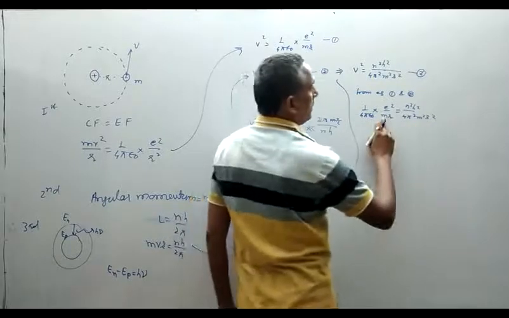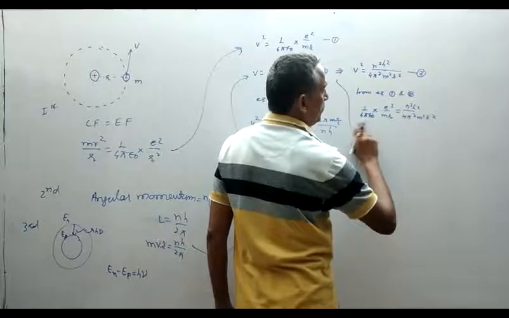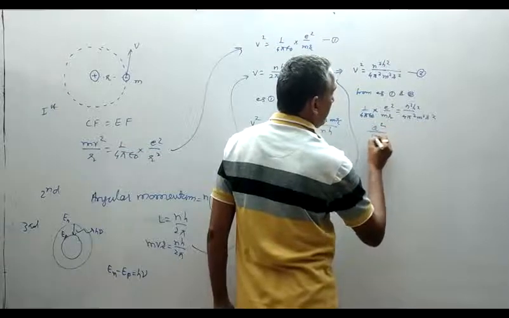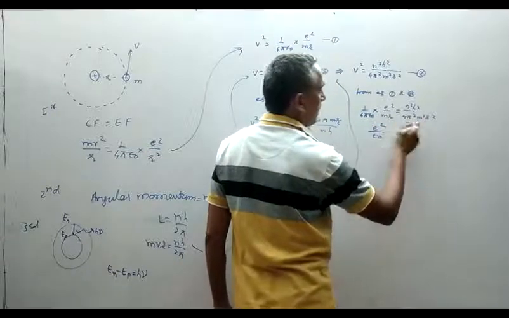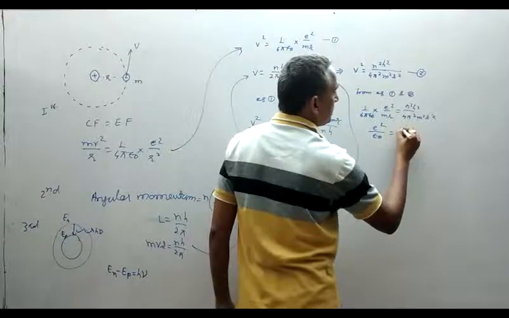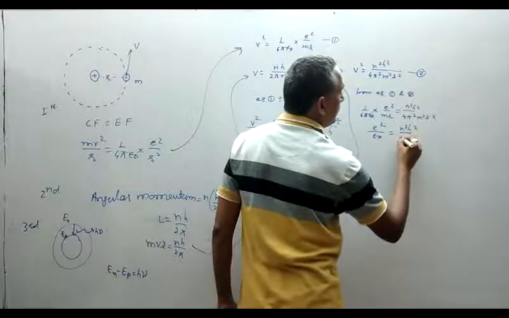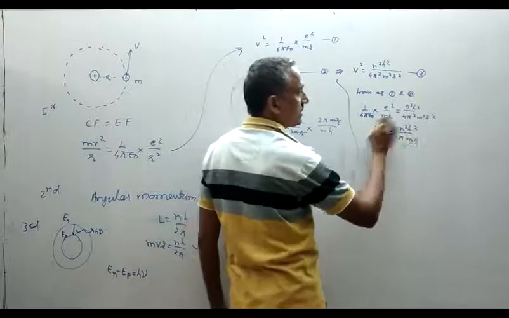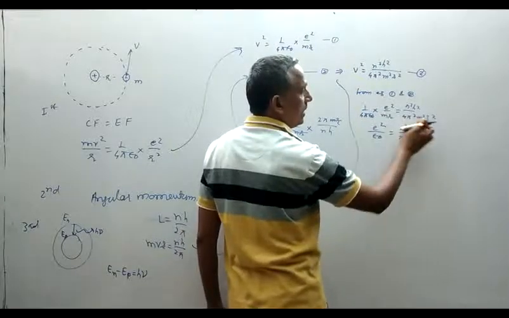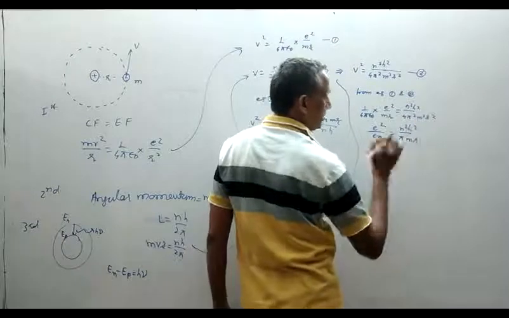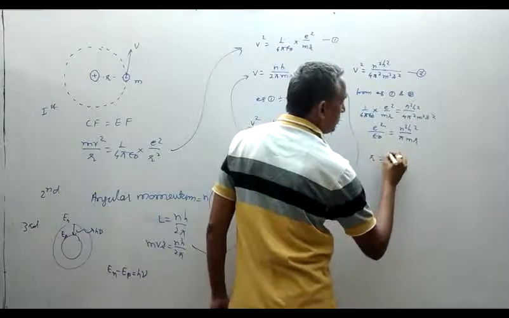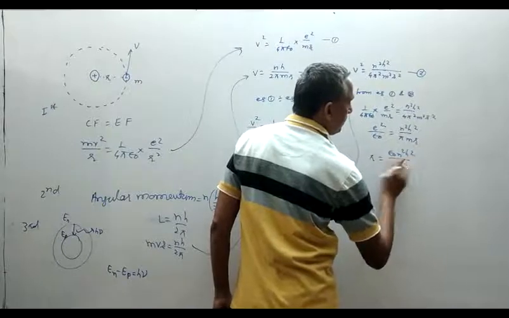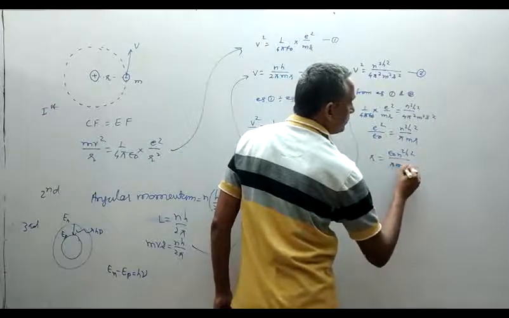Here r cancels, 4 pi cancels. The remaining terms are 1 upon epsilon 0, and n square h square upon pi m r. So r is equal to epsilon 0 n square h square upon pi m e square.